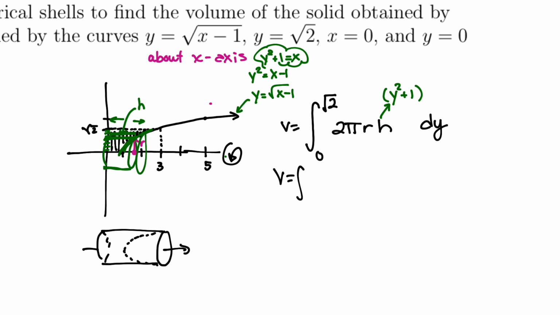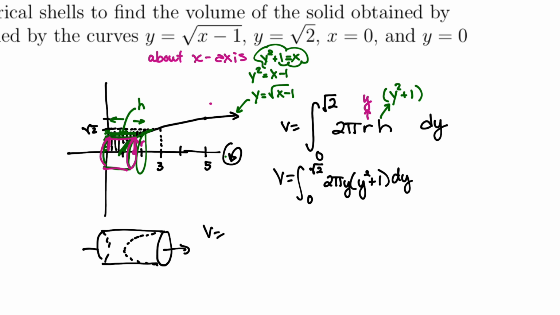And then the radius will always match your variable of integration unless you're going around a different line. So my radius will always match my variable of integration because it's a measurement along the y-axis. And so that means I have 2 pi y times y squared plus 1.